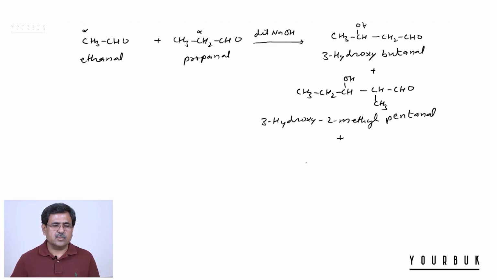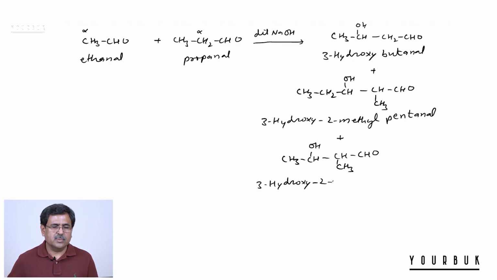And the third is the crossed aldol product in which the ethanal acts as a substrate. And this product is named 3-hydroxy-2-methylbutanal.